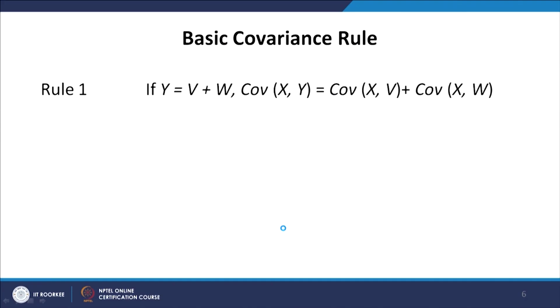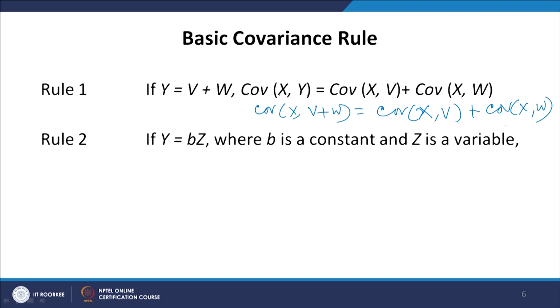Now, I talk about certain covariance rules which are also going to be used repeatedly in the forthcoming modules. So, first of all, if y is v plus w, then covariance x y is covariance x v plus covariance x w. So, a covariance between x and y will be written as covariance between x and v plus w, and then this can simply be expanded as covariance between x and v plus covariance between x and w.